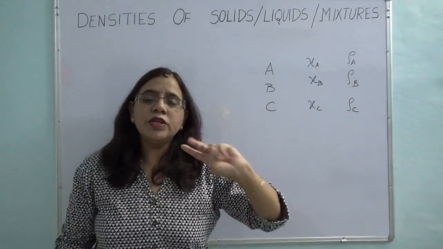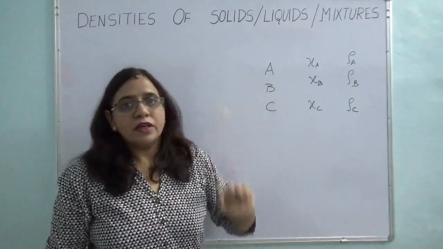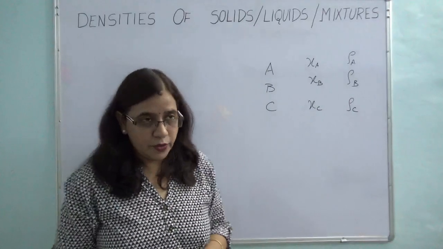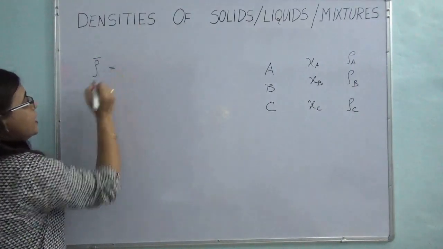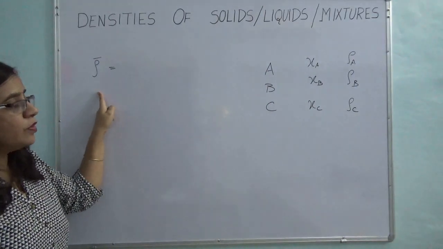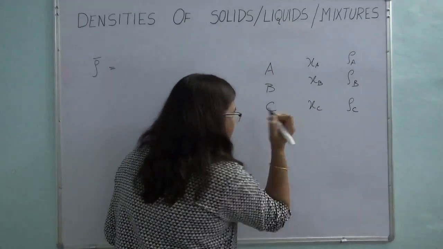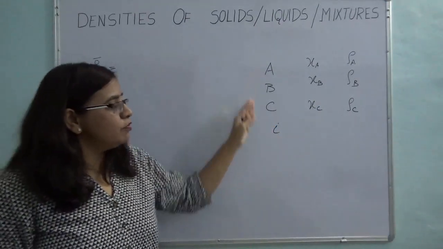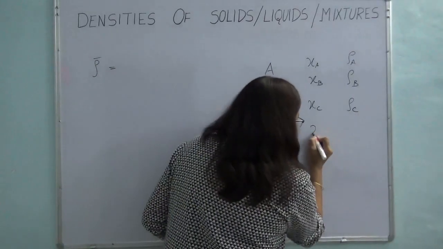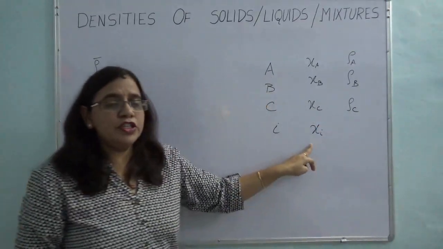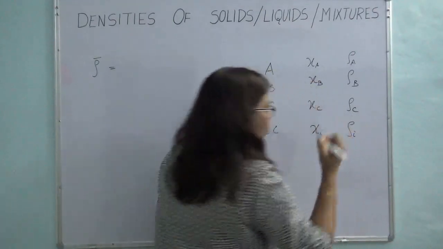Now there are two equations which I can use to estimate the value of the average density. Let's denote rho bar as the density of the mixture. And the mixture is made up of, let's say, not just 3 but I components, so I have 1 to I, and let's say that the mass fraction of the ith component is xi and its density is rho i.